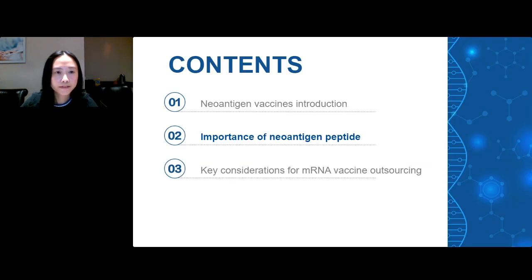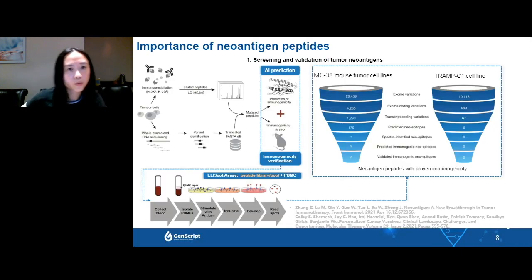Okay, I have given us some introductions about new antigen vaccines. And next part, we'll talk about the importance of new antigen peptides. So there are two important reasons to use new antigen peptides. First, let's take a look at the screening and validation process for tumor new antigens.